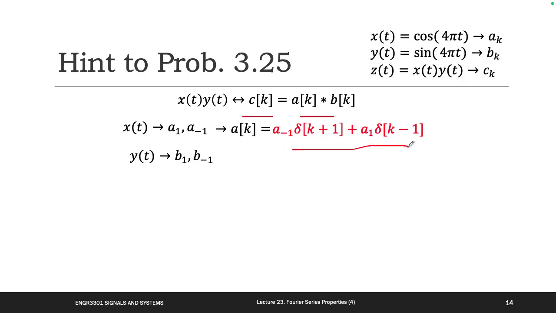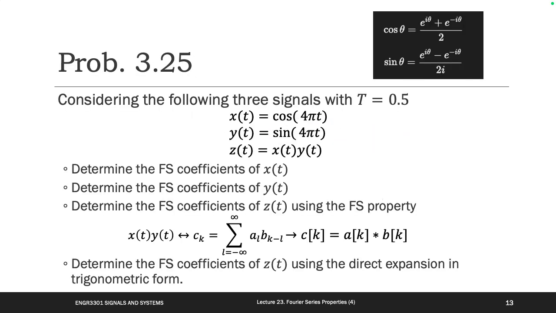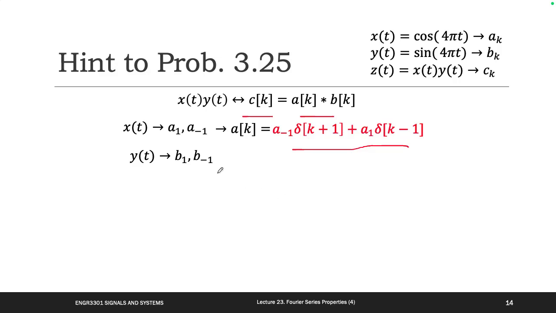And for y(t), you can see it is similar: one is cosine and the other is sine. It only has two atoms for the FS coefficient. And then for b_k, you can represent it like this.